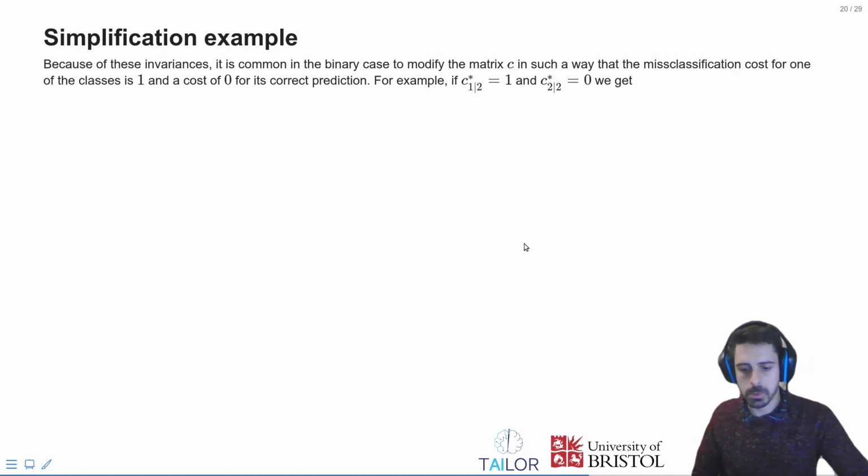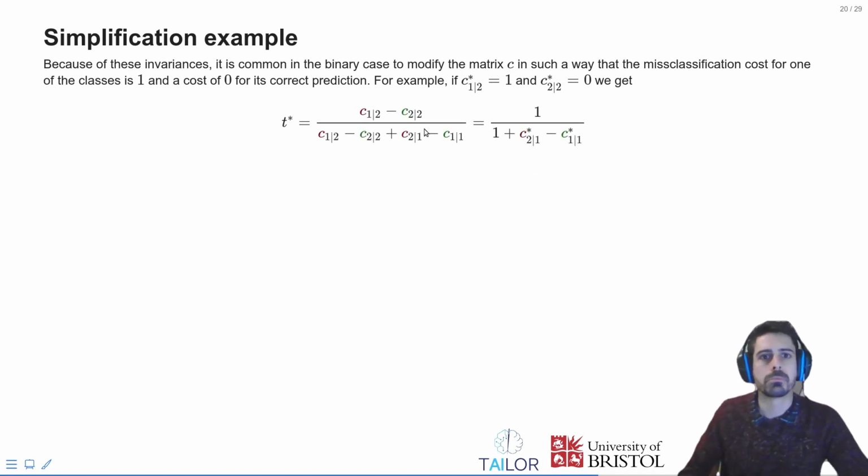Here's an example in which the true class 2, predicting class 2 when it is actually true, has a cost 0, and predicting class 1 when it's actually class 2 has a cost of 1. This will simplify into this.